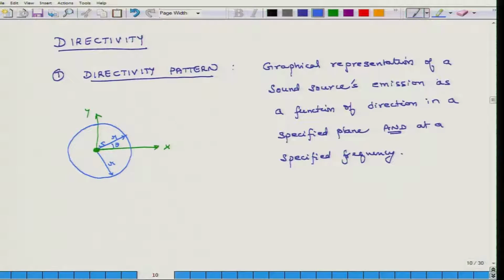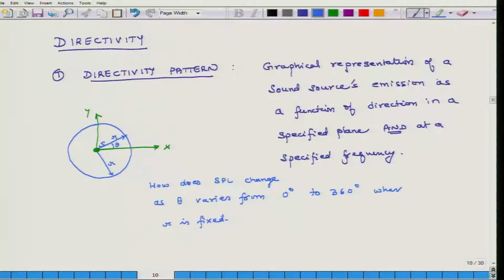What the directivity pattern tells us is how sound pressure level in decibels changes as theta varies from 0 degrees to 360 degrees when R is fixed.